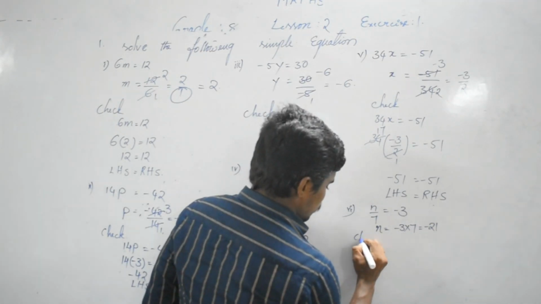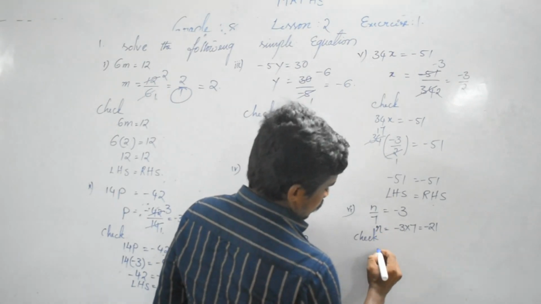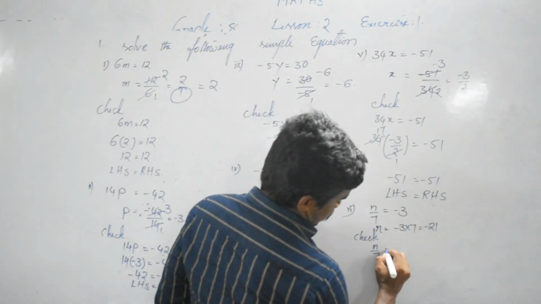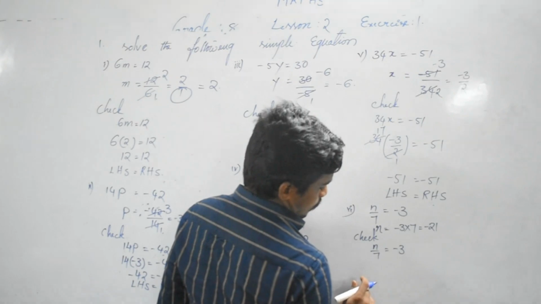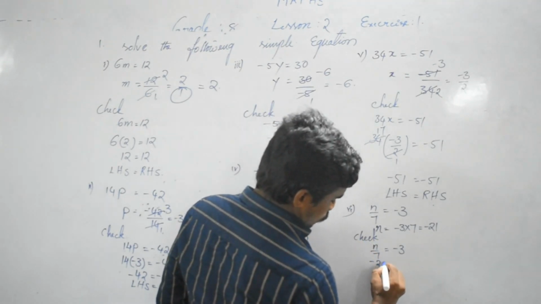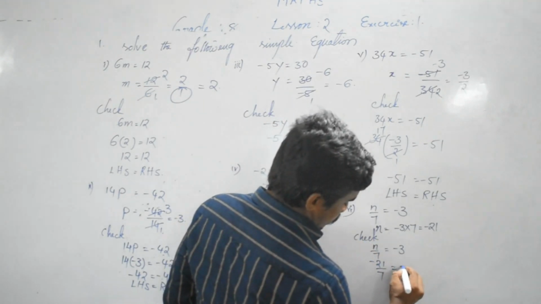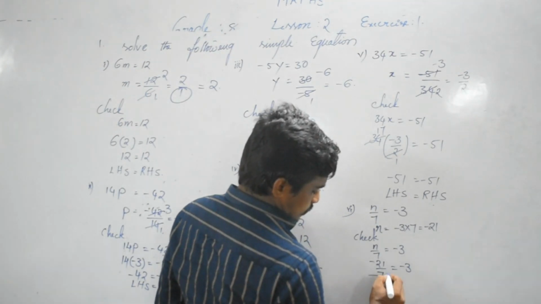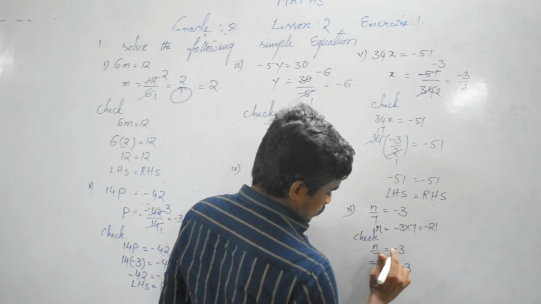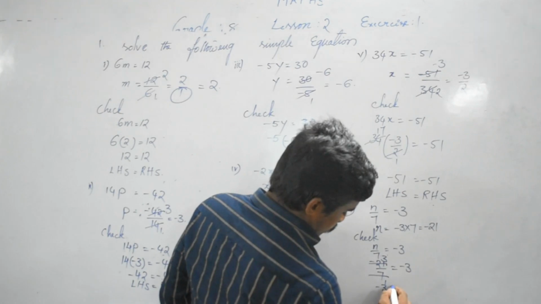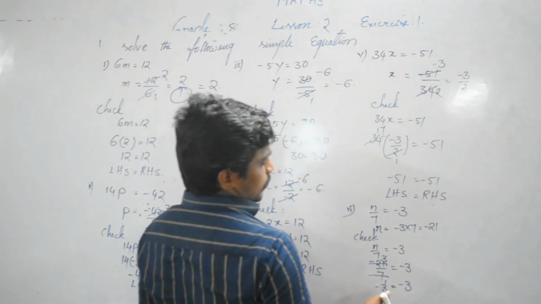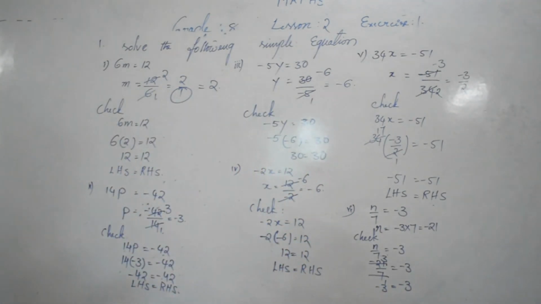So check. n by 7 is equal to minus 3. n value minus 21 by 7. 7 ones are 7, 7 threes are 21. So minus 3, minus 3. LHS, RHS is equal. So all problems are like this only.